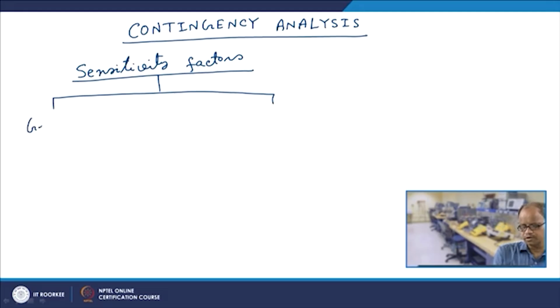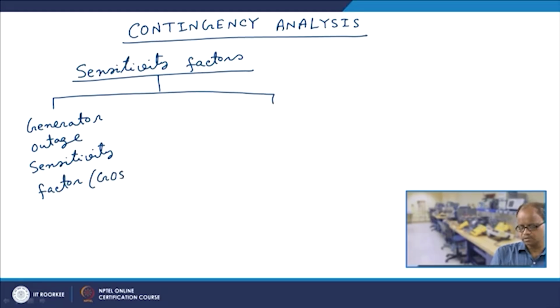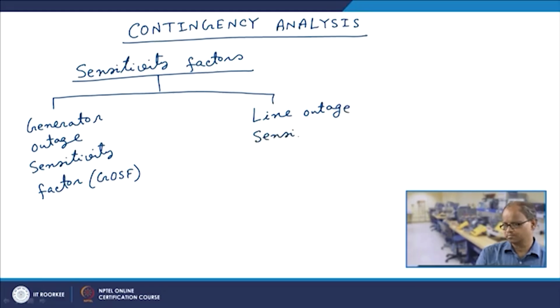The first is the generator outage sensitivity factor, GOSF, and the second one is the line outage sensitivity factor.